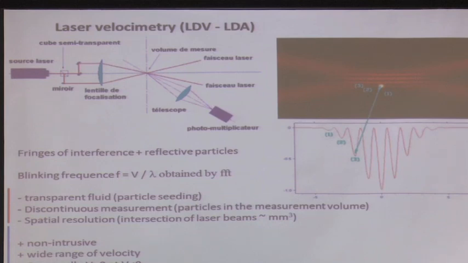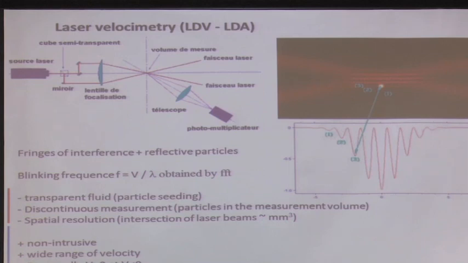So what are the advantages and disadvantages? Disadvantage: it is an optical technique, so you need to observe the scene. You cannot use it with opaque fluids, because if you shine an opaque fluid with a laser, it will be stopped at the surface.